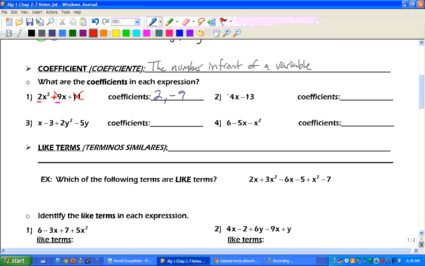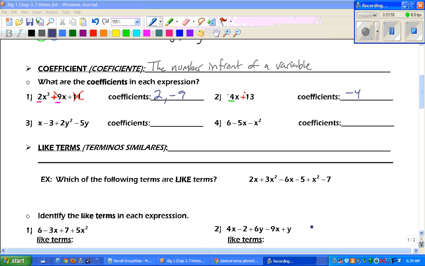Now, later on in a different math class, you might learn differently, but for right now, we're not going to worry about that. Okay? Number 2. Remember to go through and do your click, click. Your coefficient is negative 4.